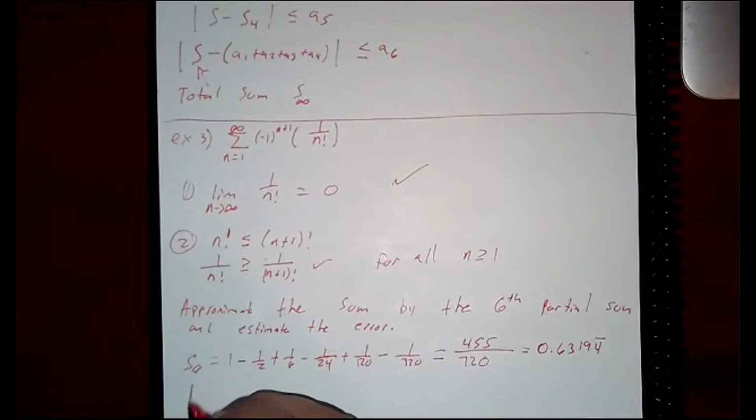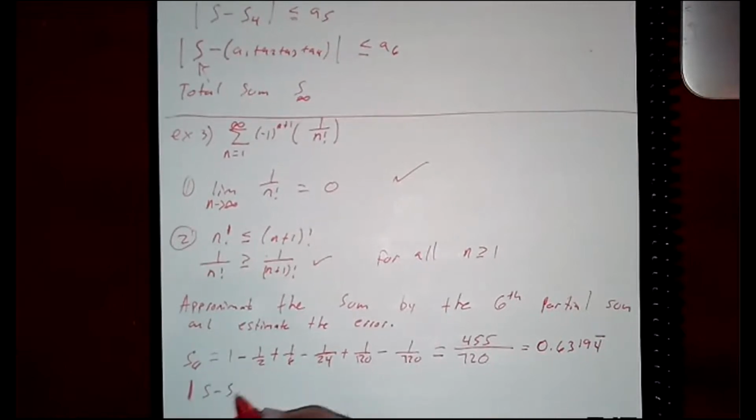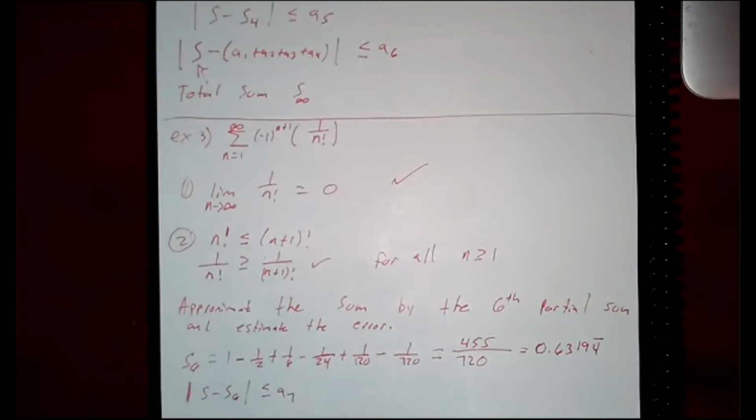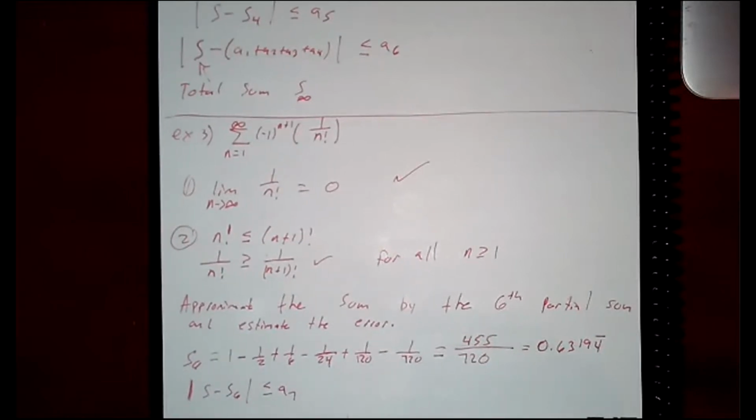So what you're going to do is say, S minus S6, the error, will be less than a7. Well, what is a7?